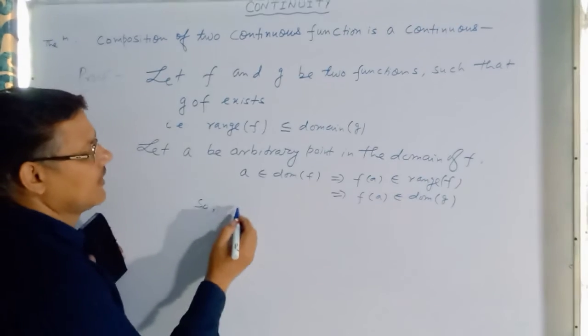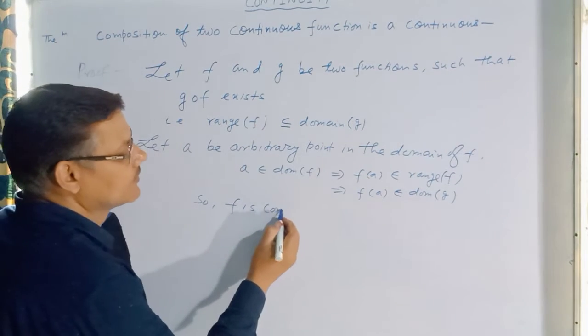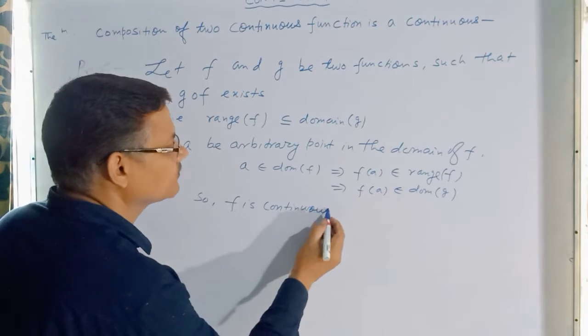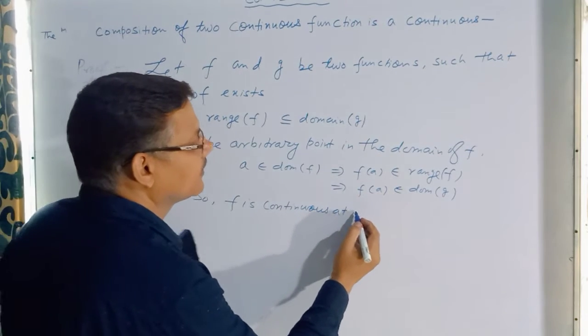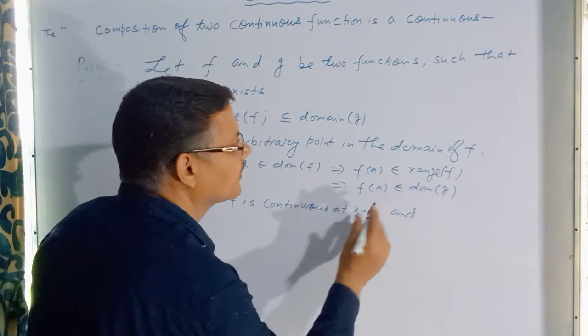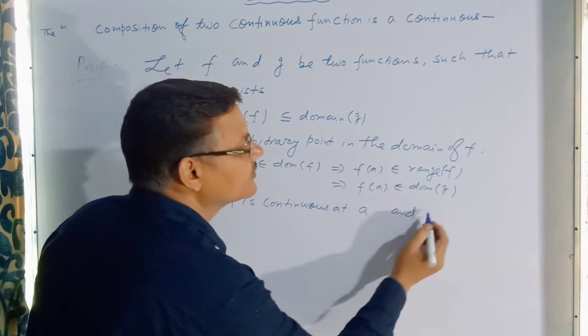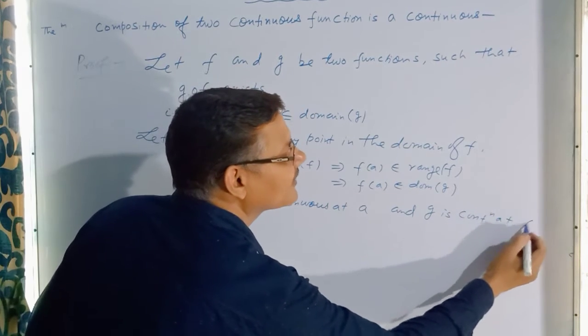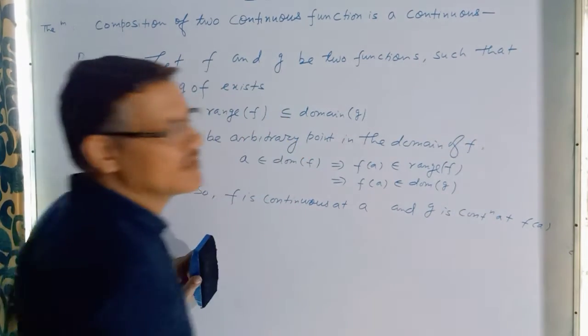So f is continuous at x equal to a and g is continuous at f(a). This is the situation.